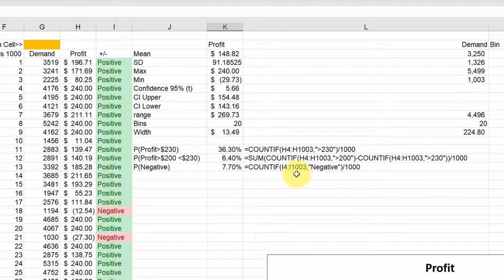Same, well, this time it's the I column range where I put those text outputs. And we count the number of times that "negative" shows up. All you do is put in the double quotations again, the value, the word that you want to return. And you need to make sure that you're spelling it the same way here that you spelled it over here. And I divided that by 1,000 and got a 7% chance of getting a loss with this particular model.